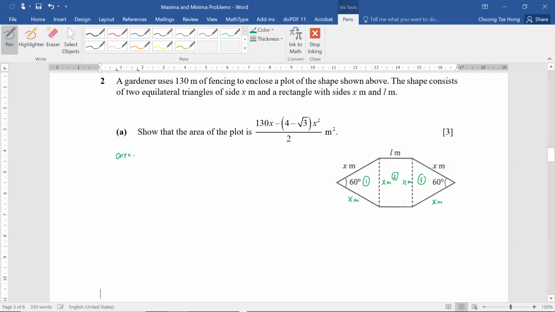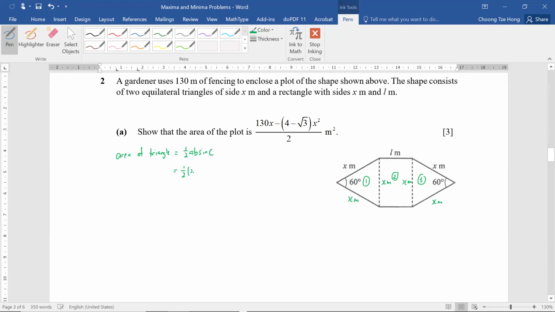So area of triangle. I'm going to write out the formula: half AB sine C, for triangle ABC. Now A and B will both be x, and the included angle will be 60.